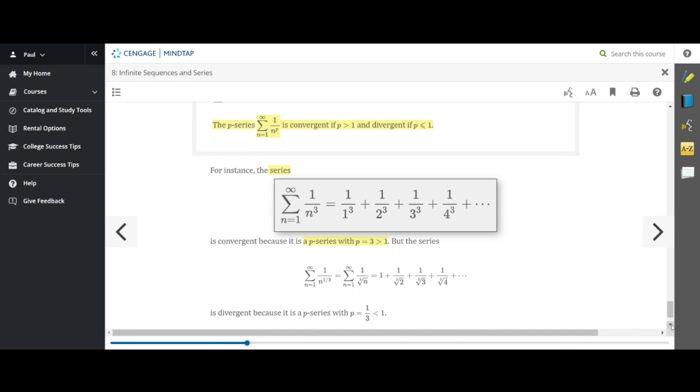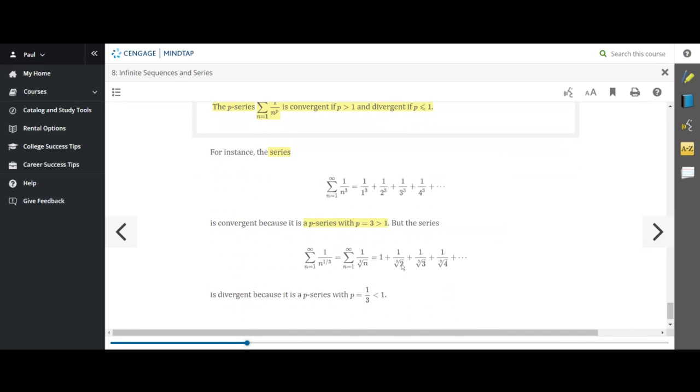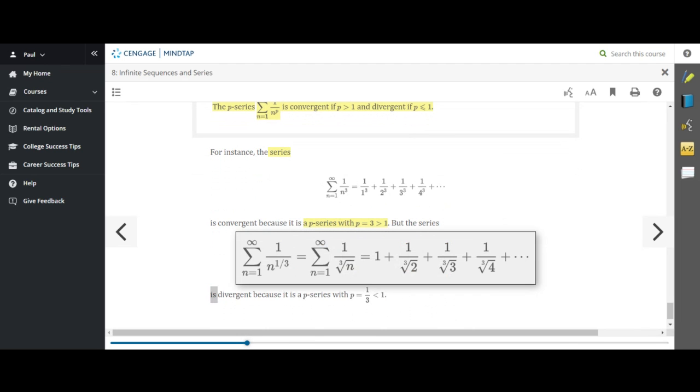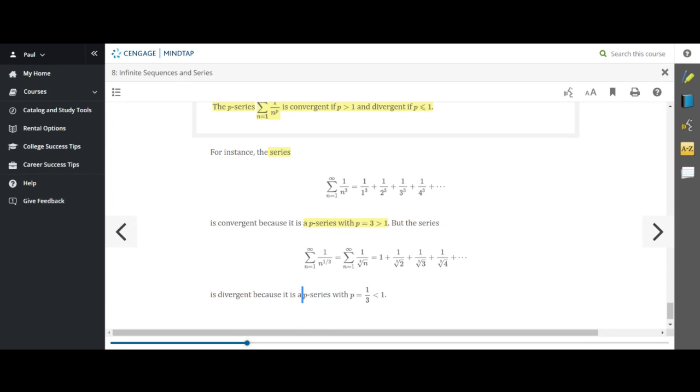But on the other hand, if you were to have a series like this, the series 1 over n to the third power, which is the cube root of n, there p is equal to a third. And since a third is less than 1, that P series diverges.